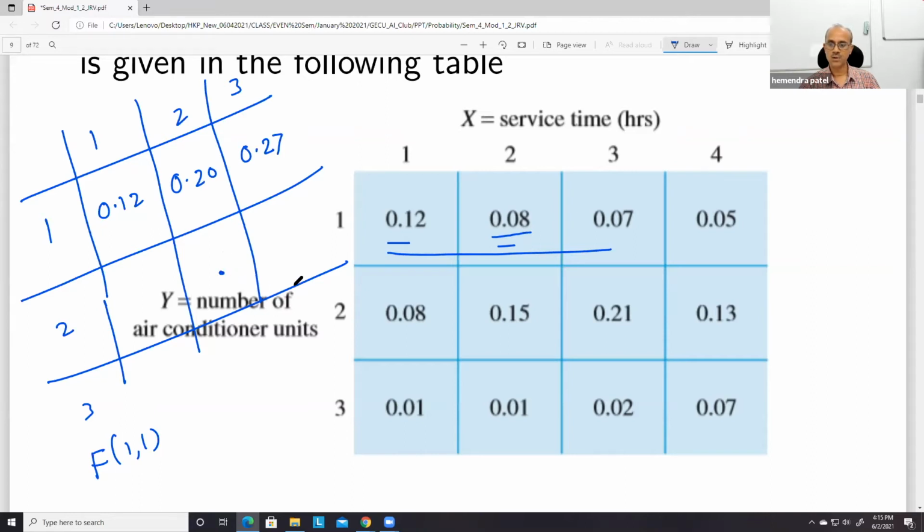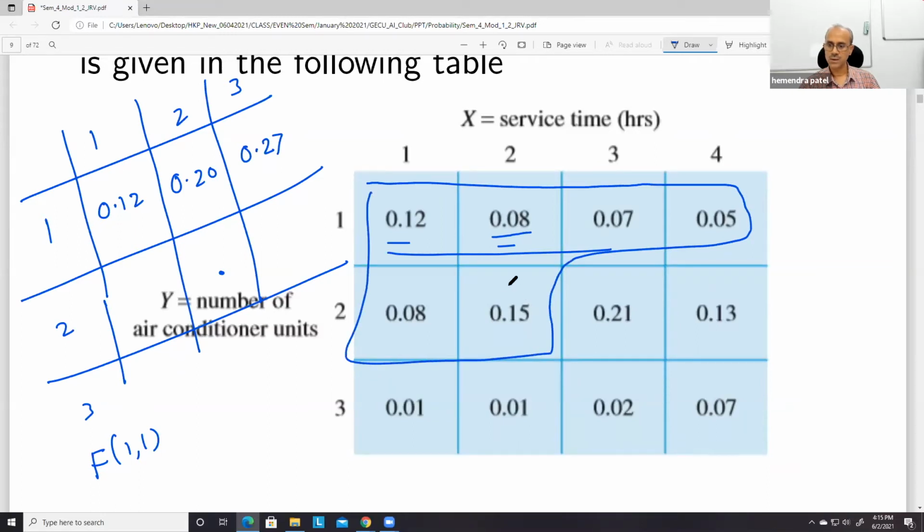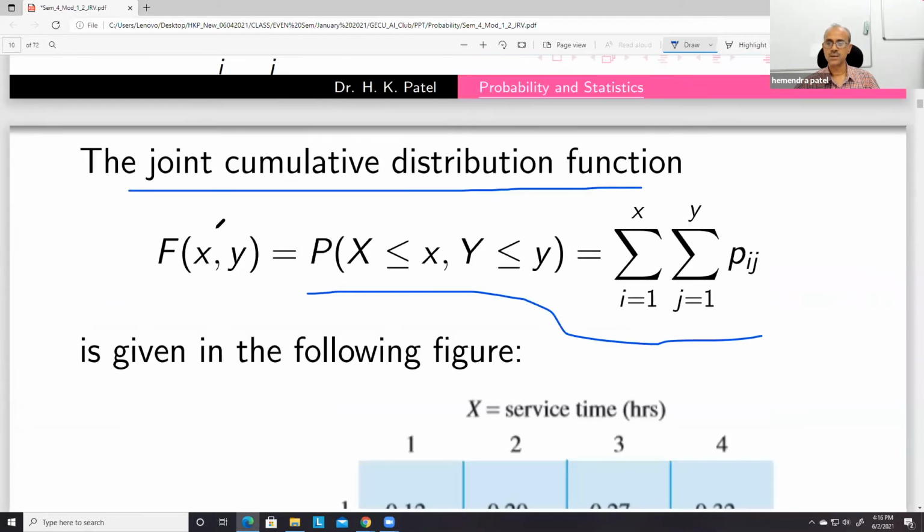Now here if you want to find it, all these numbers will be added, 4 plus 2, there are 6 numbers you have to add here to get this number. So in this way, this table is constructed.